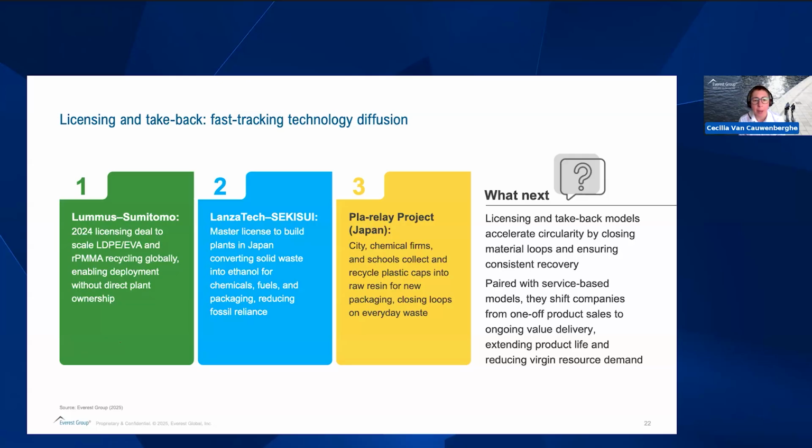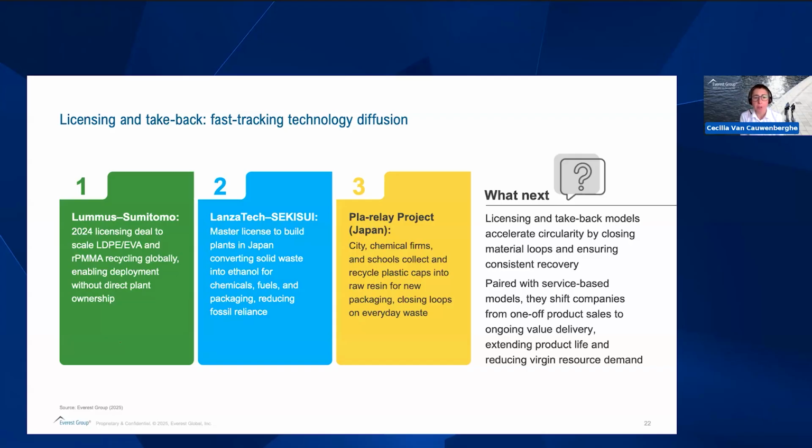Another example is between LanzaTech and Sekisui for biological conversion with local ownership. LanzaTech's gas fermentation platform converts solid waste into ethanol, which becomes a feedstock for chemicals, fuels, and packaging. Sekisui brings waste collection logistics and regulatory familiarity in Japan. So plants are locally owned and operated under master licenses.